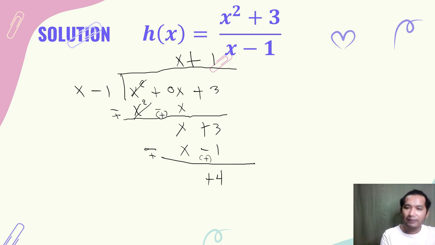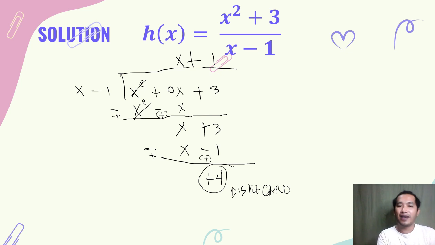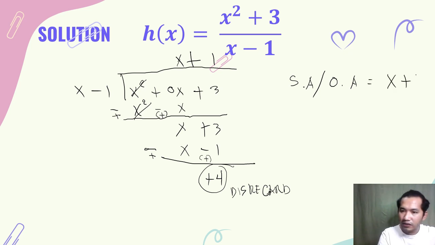Alright, so again, for us to determine the value of our oblique and slant asymptote, the remainder, the denominator, is disregard. So, the answer for our slant asymptote or the oblique asymptote is equal to x plus 1.